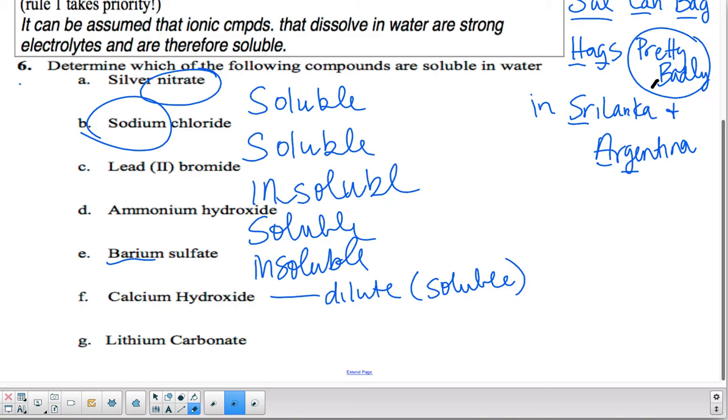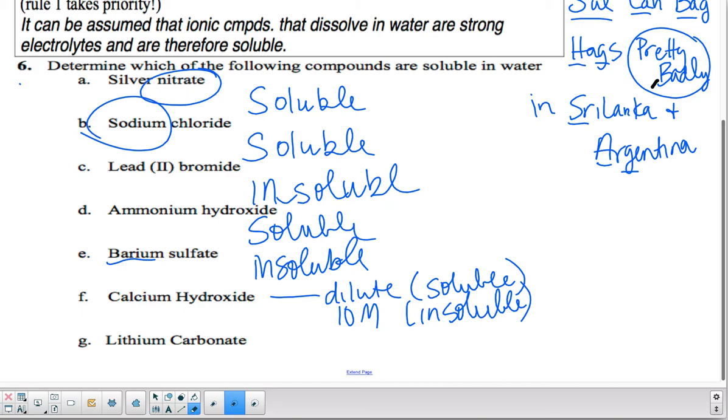So strong bases are considered soluble, right? This was one of those I said could go either way. When the solution is dilute, like 1 molar or 0.5 molar, we say it's soluble. But if you have like a 10 molar solution, most of it won't dissolve. That makes it insoluble. So just know this can go either way. But as far as the bases go, any group 1 hydroxide is 100% soluble because it's a strong base.